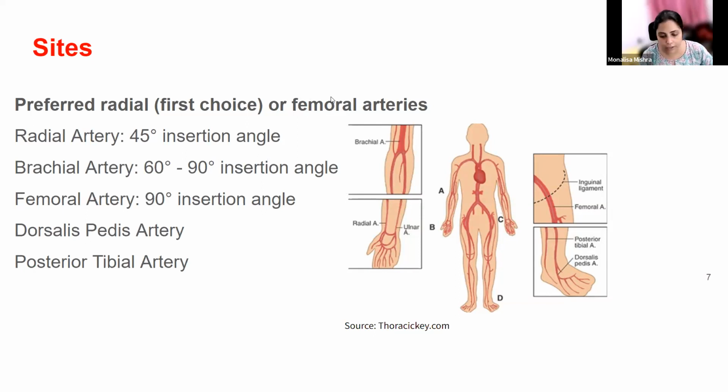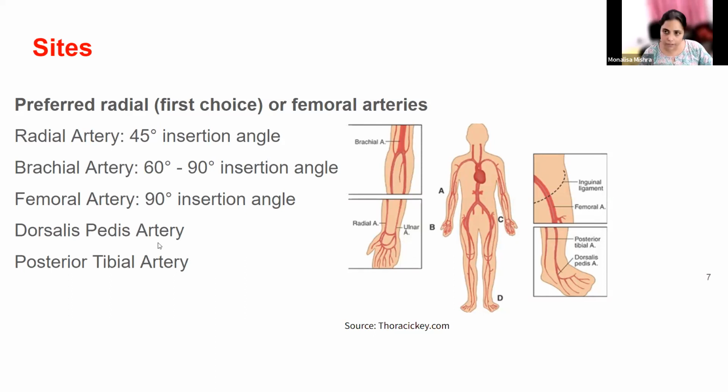You have to make sure that you give adequate pressure for an adequate amount of time so that no hematoma is formed. For the radial artery, you usually use a 45-degree insertion angle. For the brachial artery, you use a 60 to 90-degree insertion angle. For the femoral artery, you use a 90-degree insertion angle. Sometimes you use the dorsalis pedis arteries also, and rarely the posterior tibial artery.